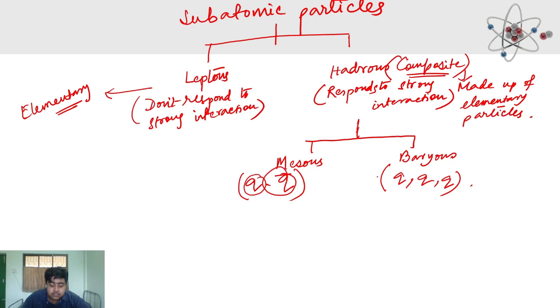So mesons have integral spins. They all have integral spin. That is like 1 or 0. Mesons have an integral spin, that is 1 and 0, and baryons have non-integral spins.